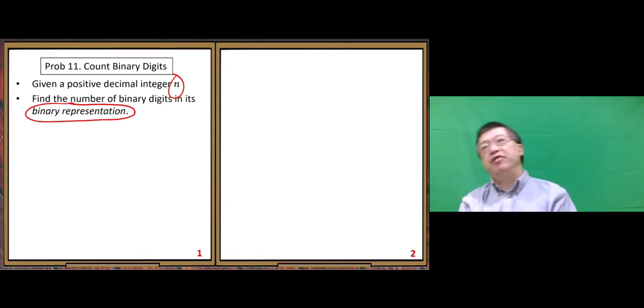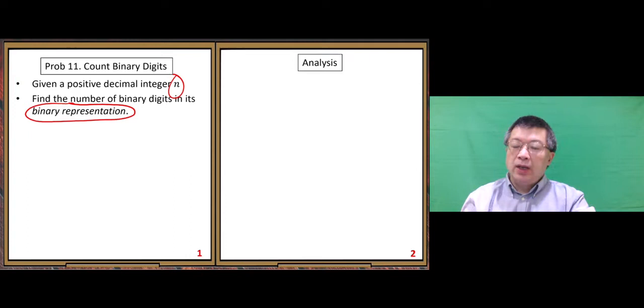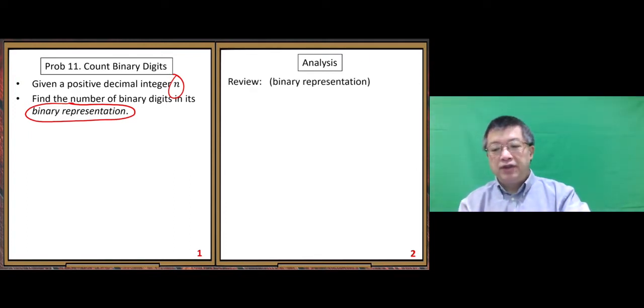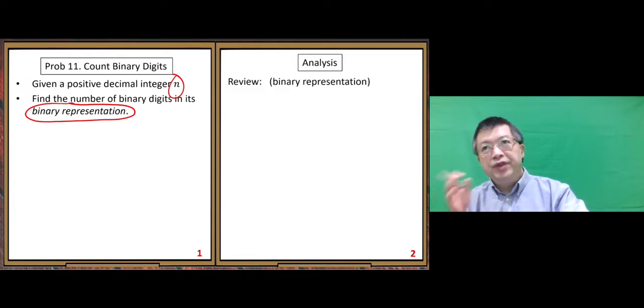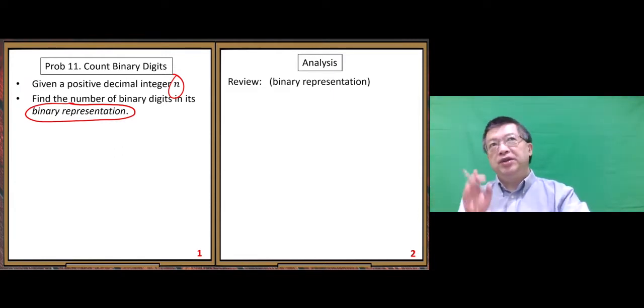Let's try to solve this problem. Binary digits problem. All right, let's do some simple analysis first. First, let us review the binary representation. From your discrete math, you have this background.